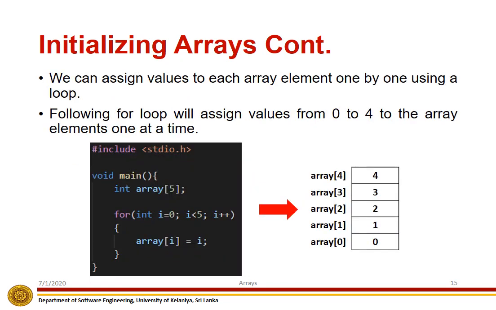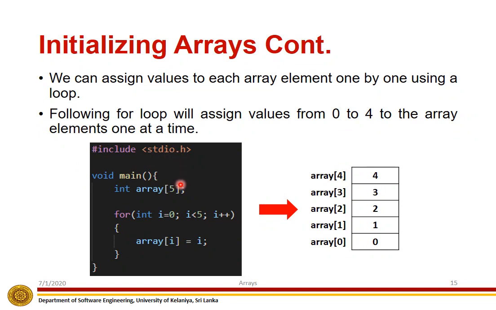We can assign values to each array element one by one using a loop. Earlier I told how to give elements to an array one by one. Here, using loops, we can easily give the values to the array. The following for loop will assign values 0 to 4 to the array elements one at a time. So here you can see hash include stdio.h, the library function.